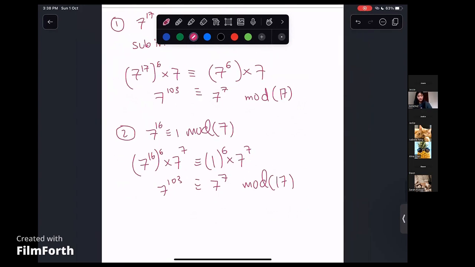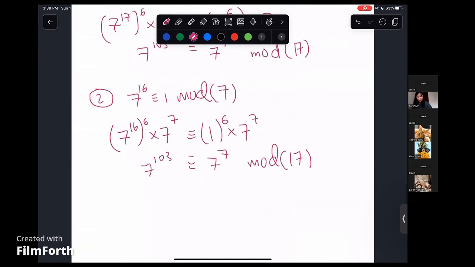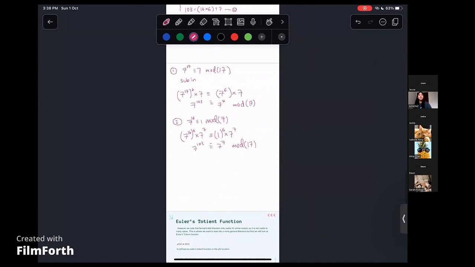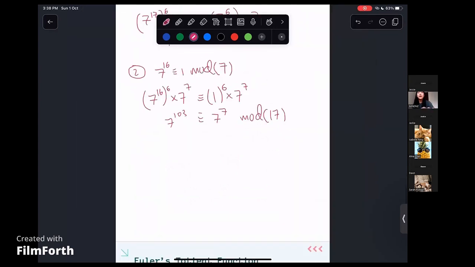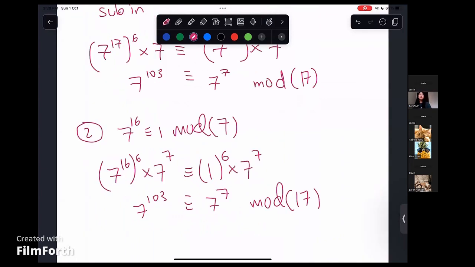Okay, so I think that's as far as we can simplify it. I think we should leave it here because the rest might not really have anything to do with Fermat's little theorem, especially. But at least we've simplified it, right?